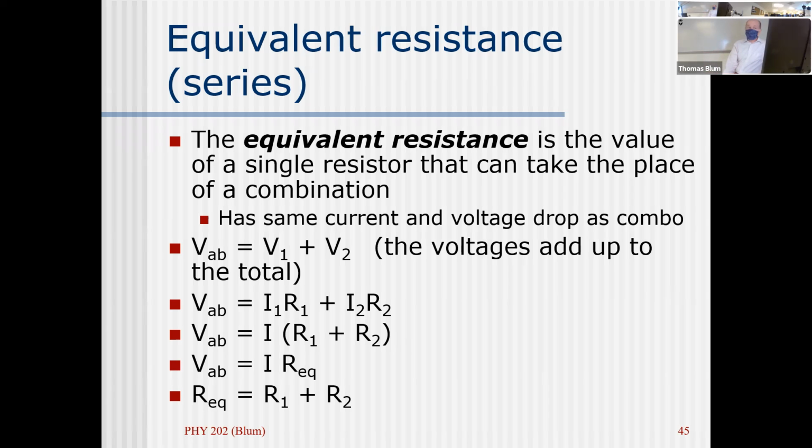So instead of saying this is task 1 and task 2, I could say they're both parts of one bigger task. And what is the resistance of that bigger task? Well, it's R1 plus R2. So resistors in series add. I can imagine that there's just an equivalent task, an equivalent resistance, and its resistance is R1 plus R2.